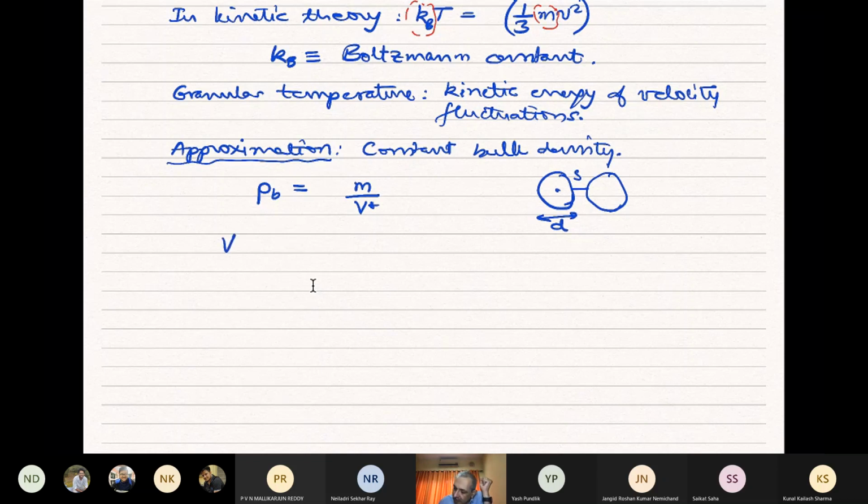So then we can write this volume that the particle occupies as just pi by 6 times, instead of just using d, that additional space s also, so d plus s, cubed. So it actually occupies a volume which is like this. I should draw it a little better.